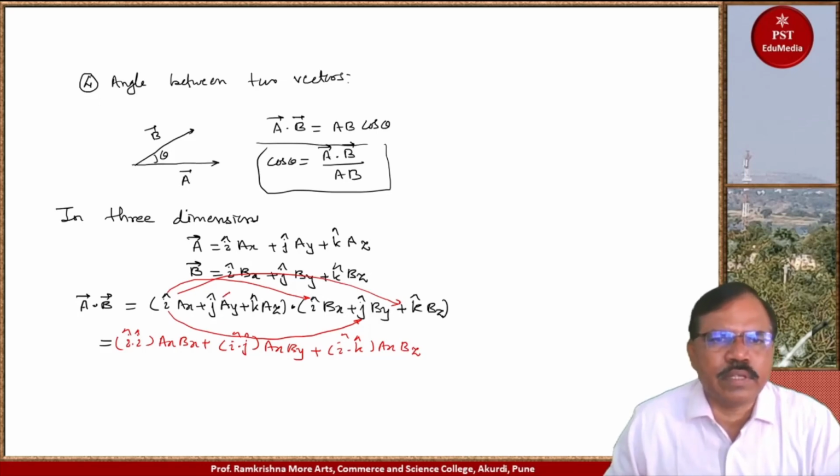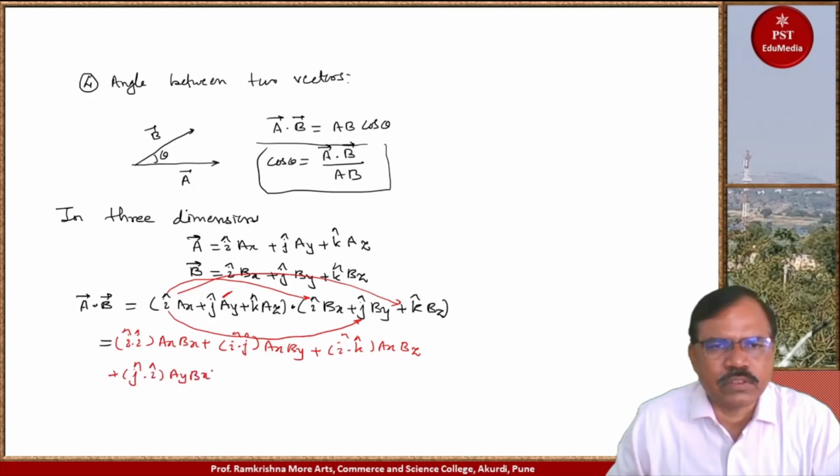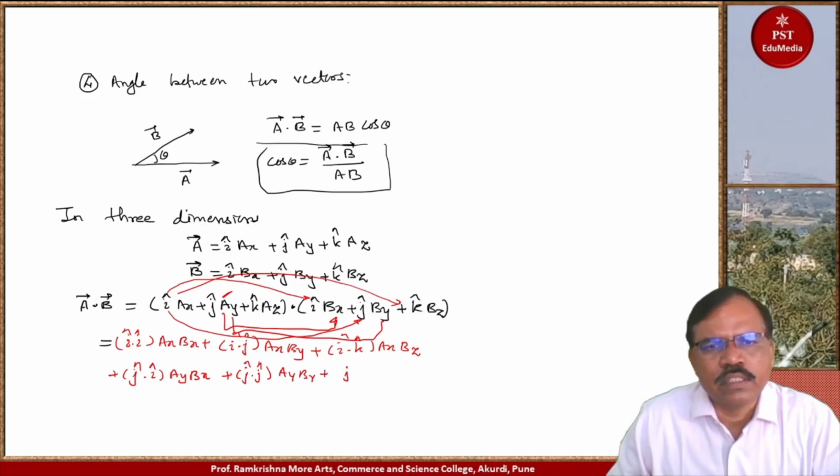Then we'll take the second one. So plus J dot I Ay Bx, from this to this. Then this one plus J dot J Ay By plus J dot K Ay Bz.